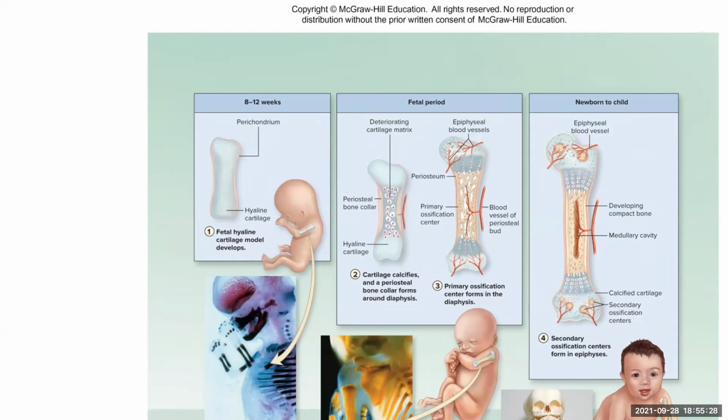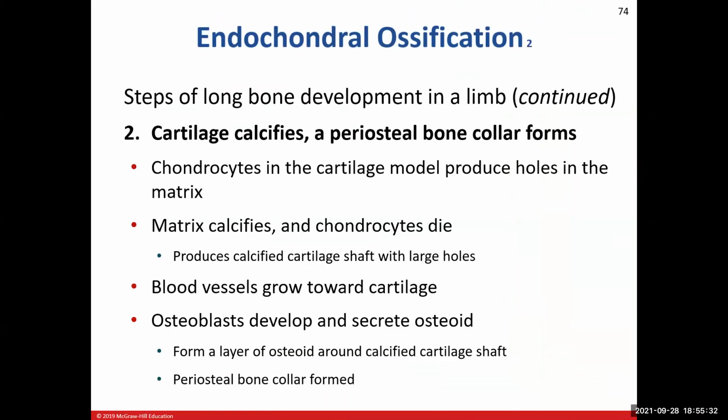All right, cool. So now we have a working model. Now we know what to start with. So let's move on to step 2. Now, earlier in this class, I told you we're not going to see calcium in the cartilage matrix. And now you're going to see why. Because here's what happens, okay?